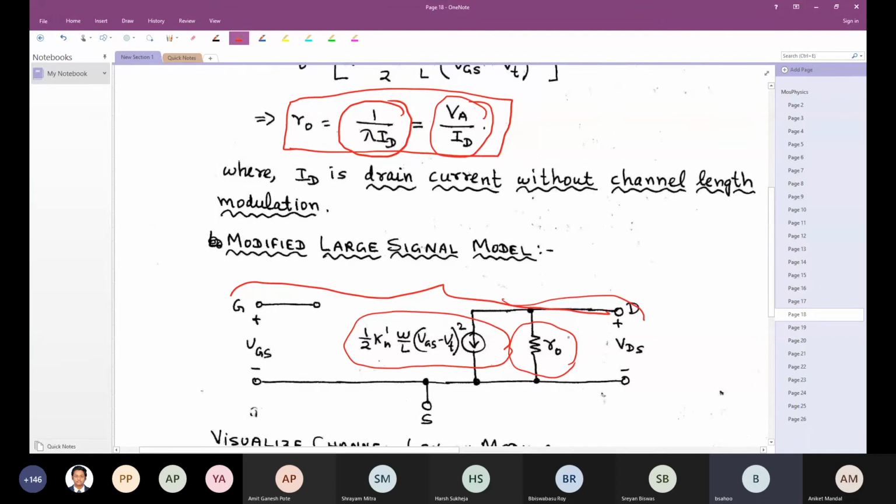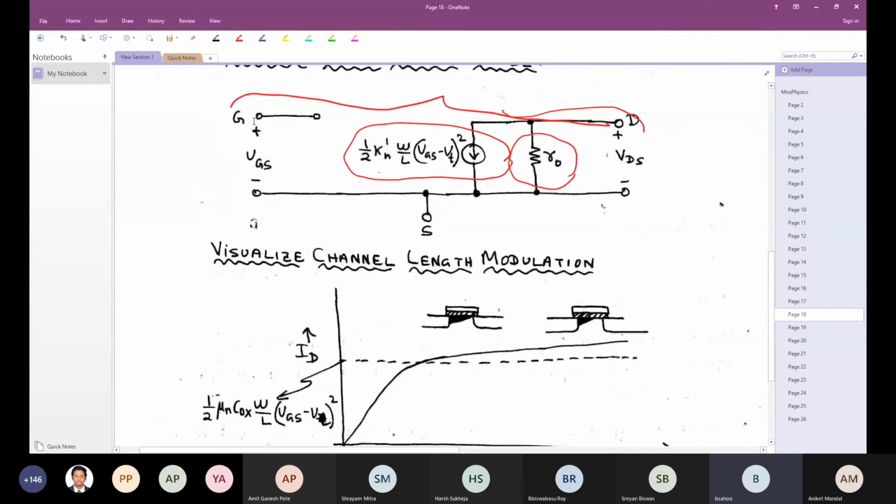This RO is a function of the original drain current without channel length modulation. So if I increase the drain current without channel length modulation, then my RO is going to reduce, as per this expression.